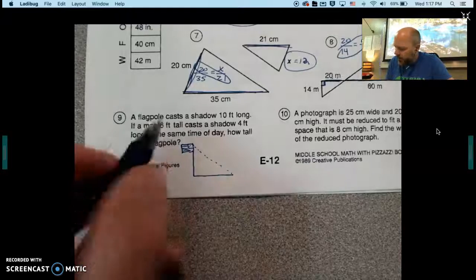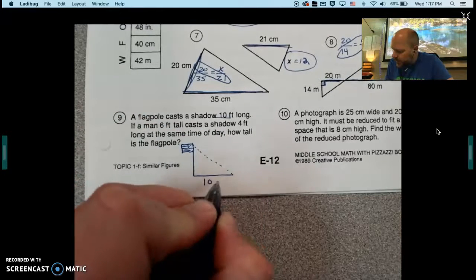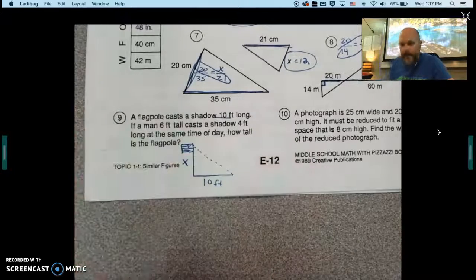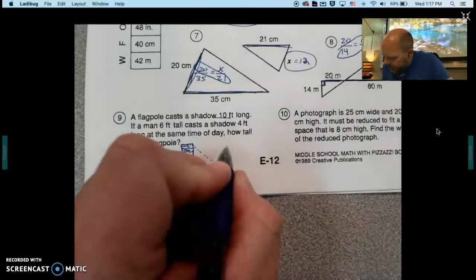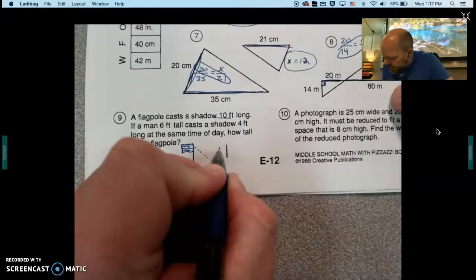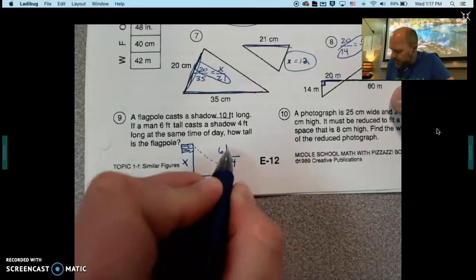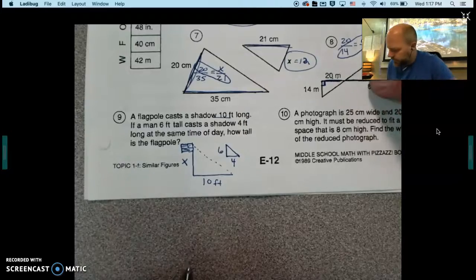So the flagpole casts a shadow that's 10 feet long. So the shadow here is 10 feet. We don't know how tall the flagpole actually is, so I'm going to put an x. And we have a man who is 6 feet tall who casts a shadow that is 4 feet. Okay? All right, so I'm going to set up my proportion.